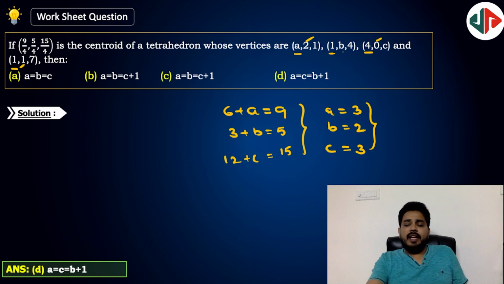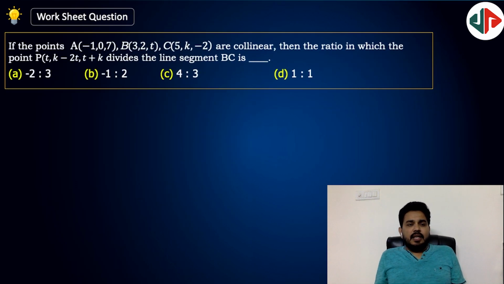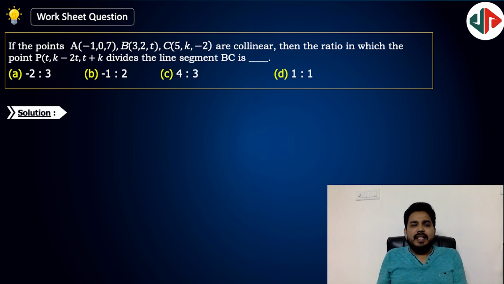Next question is: if the points A, B, C are collinear, then find the ratio in which this point divides the line segment BC. First of all, these 3 points are collinear, so by using that condition I'll get the t value and k value. Our primary target is to find the p value and k value. So what is the condition we use?